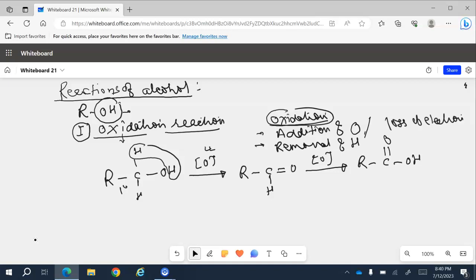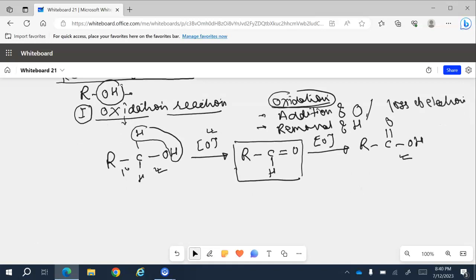So depending upon the type of oxidizing agent we use, the primary alcohol either will convert into aldehyde, or if the oxidizing agent is strong enough, it will further oxidize to carboxylic acid. We will give some examples related to that.